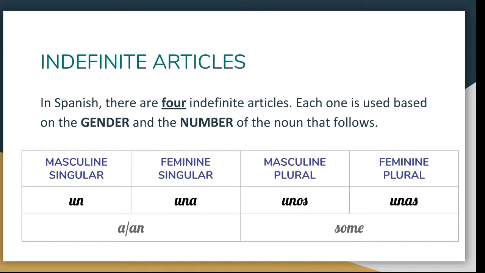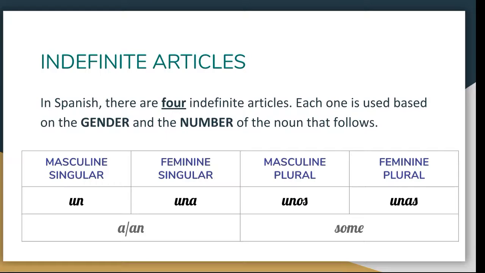But of course, in Spanish, it changes based on the gender of the noun that follows. On the plural side, we have unos, and that's the masculine form, and for the feminine plural, we have unas. This translates to some in English, but of course, again, the one you choose depends on the gender of the word that follows.